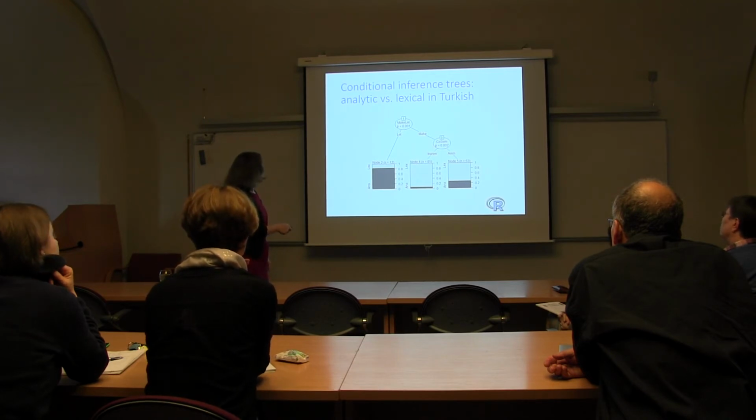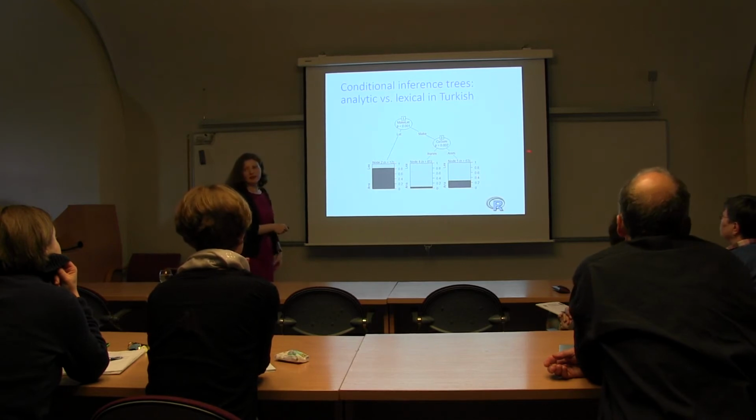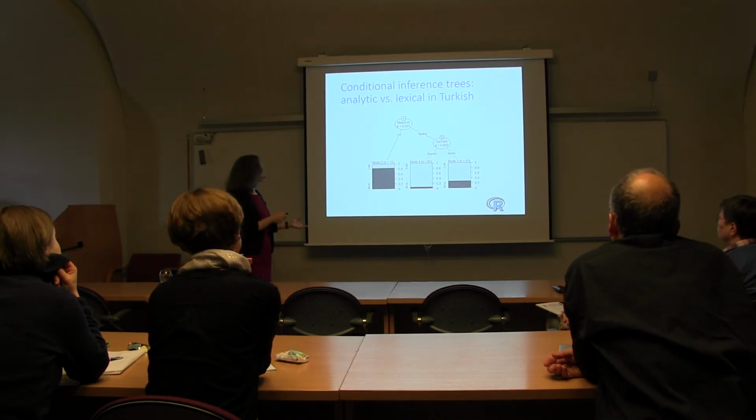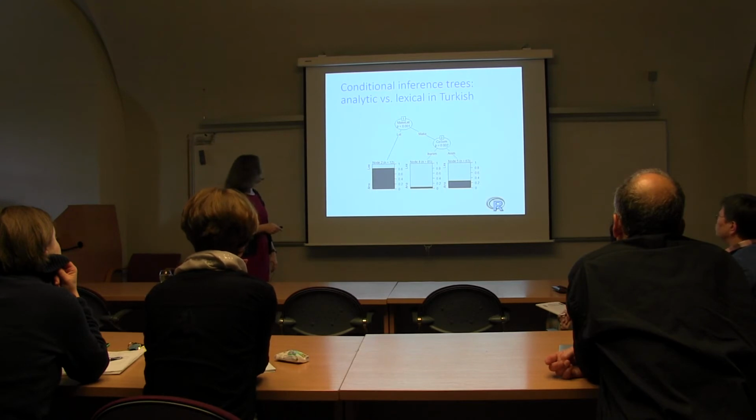But if it's animate, then there is still a high proportion of lexical causatives, but the proportion of analytic causatives is a little bit higher. So this is how these conditional inference trees work. That's really easy to interpret, and I think a nice tool.